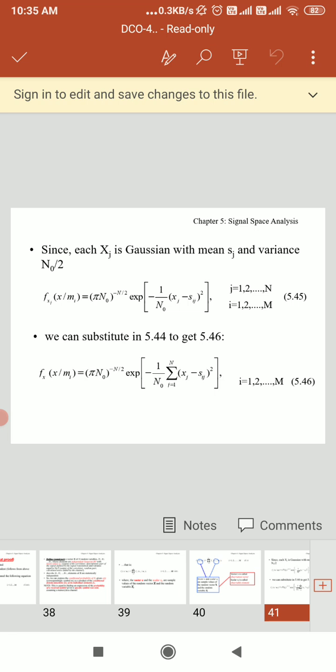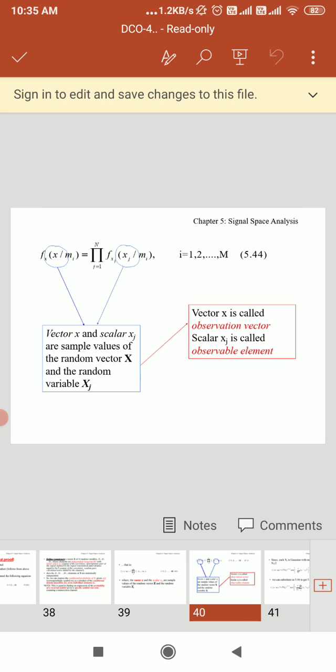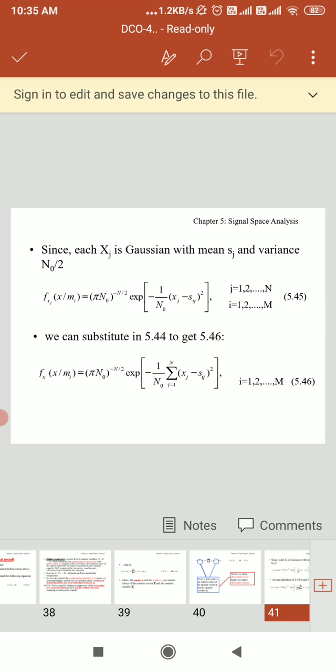If we substitute our previous equation 5.44 into 5.45, you will get equation 5.46. So f_X(x|mi) equal to (pi N0) raised to minus n by 2, e to the power minus 1 by N0 times the summation over j equal to 1 to n of (xj minus sij) square.